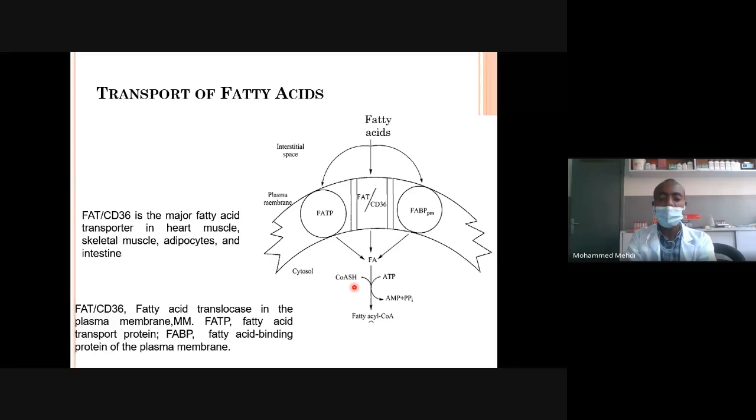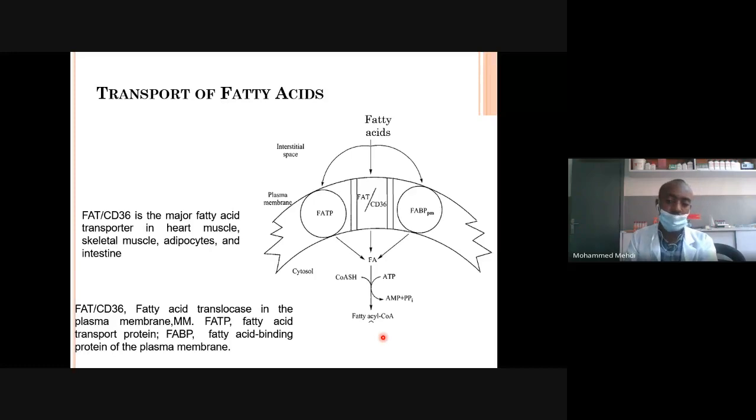Fatty acyl CoA synthetase enzyme catalyzes this reaction with ATP consumption. The ATP is cleaved or hydrolyzed into AMP. Because of this, we said it is equivalent to 2 ATP. Actually, it is 1 ATP consumption, but we use two high energy phosphate bonds. Two high energy phosphate bonds are used for the activation of fatty acid into fatty acyl CoA.